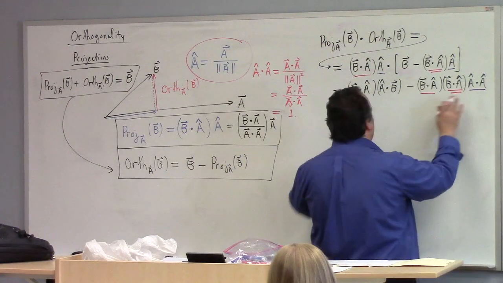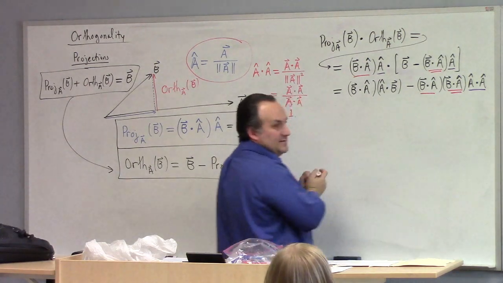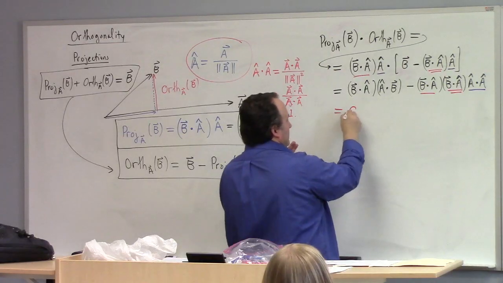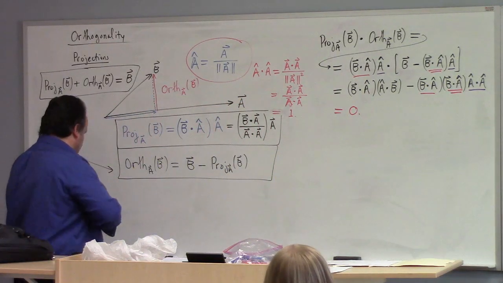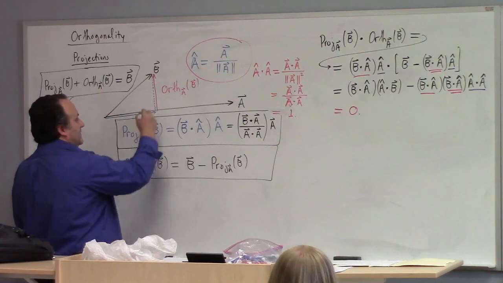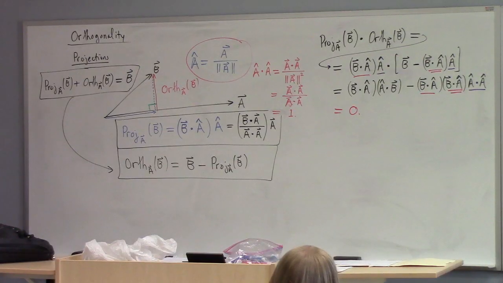So then what do you got? Well, the dot product is commutative, right? So this is just 0. So that shows you that my picture is legit. It really is the case that this is a right angle. These are perpendicular vectors.